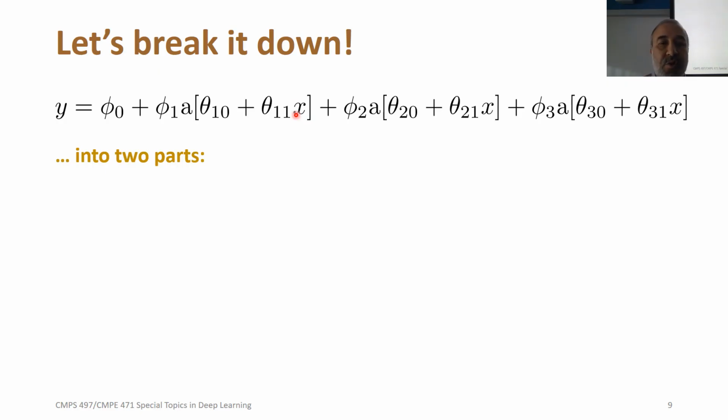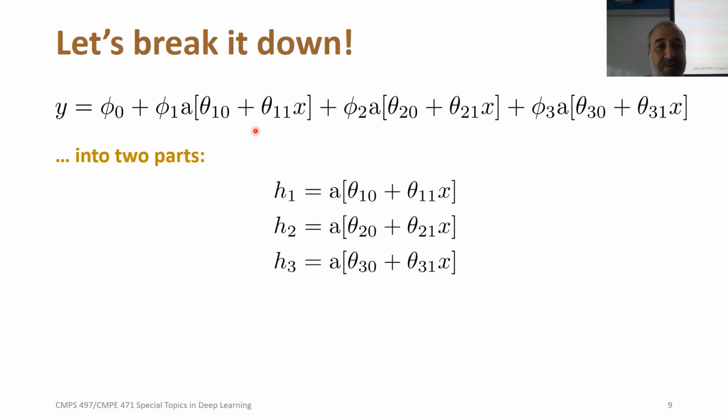Okay, so it seems like there are 3 linear functions here. This is one, this is second, this is third. And each one of these is applied to the activation function, right? Because you see A of this, A of this, A of this, right? The output of the activation function is called a hidden unit.